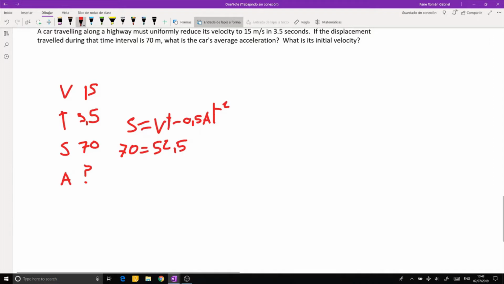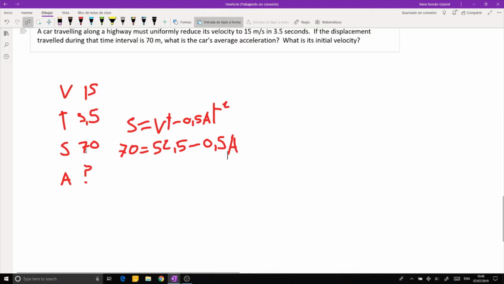And to 52.5, we would have to put a minus 0.5 times acceleration and 3.5 squared.